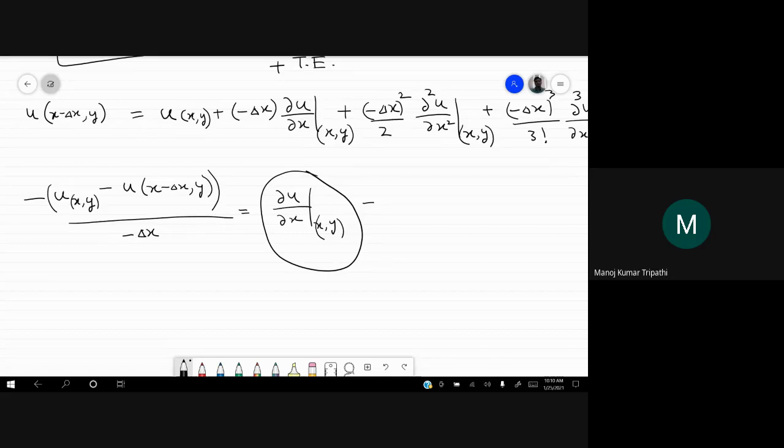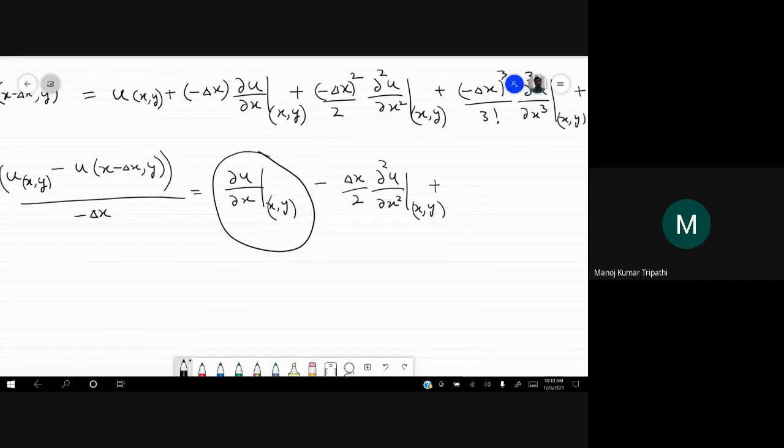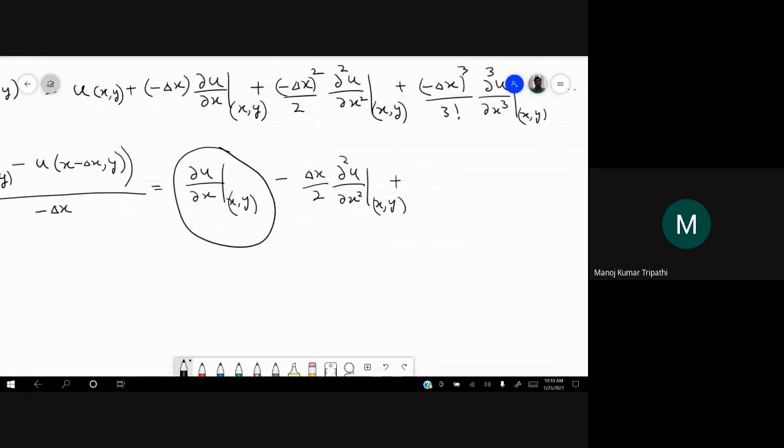And here, because we have divided throughout by minus delta x, there will be an extra negative sign here, and you'll get minus delta x by 2 dou 2u by dou x square at xy plus other higher order terms. In this case, you will get delta x square by 6 dou 3u by dou x cube.